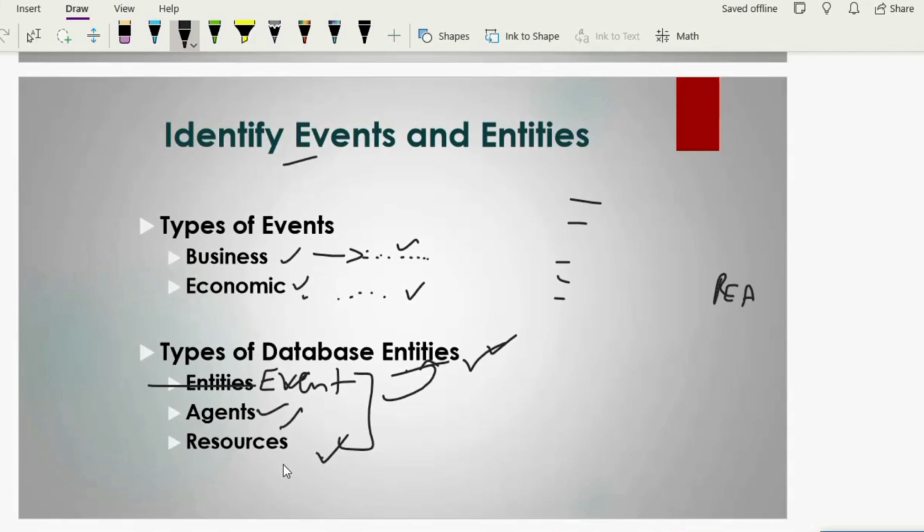Then we talk about resources. Resources are generated by the organization, and these resources are used to generate further resources for the organization. Let's suppose cash, then accounts receivable, then building. All these are different resources for the organization.